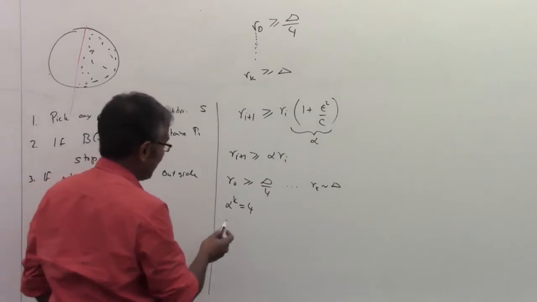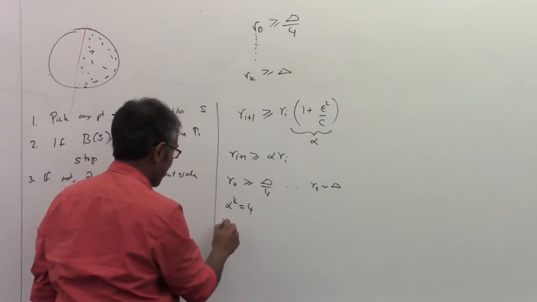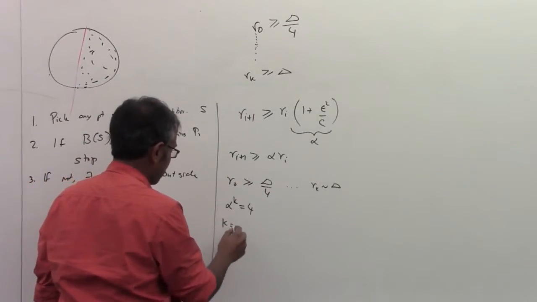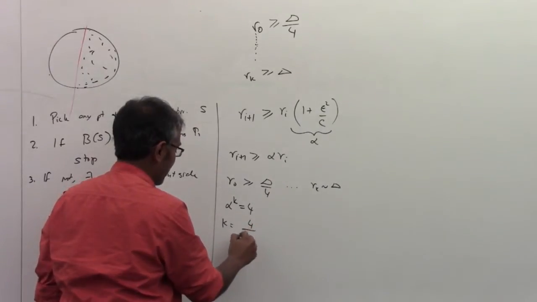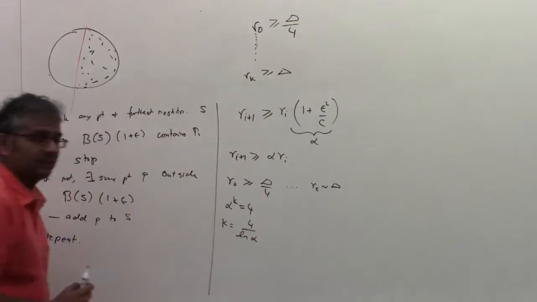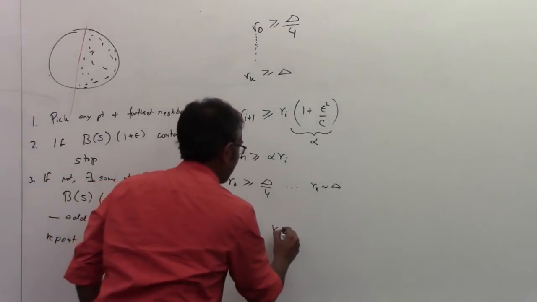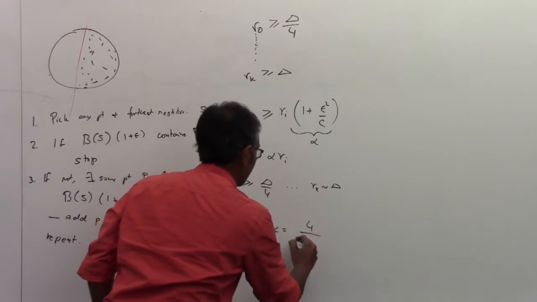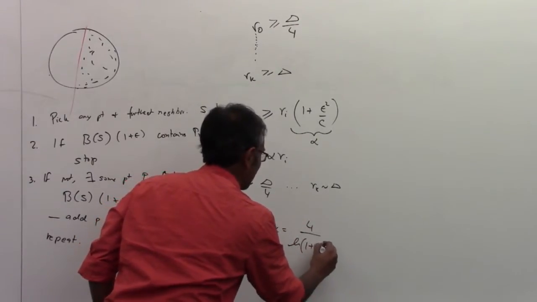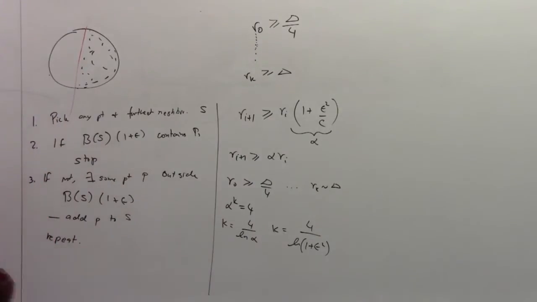So when will this happen? Well, k is equal to 4 divided by log alpha. Right? Okay, but what's log alpha? So k is equal to 4 divided by log of 1 plus epsilon squared. And if you remember your basic tricks with logs, the log of 1 plus a very small number is that number, by Taylor expansion.